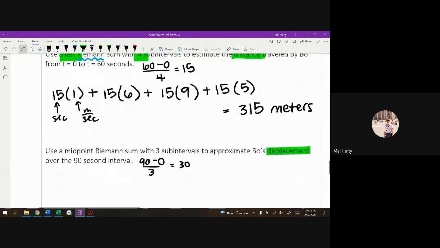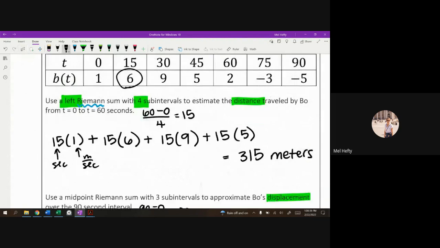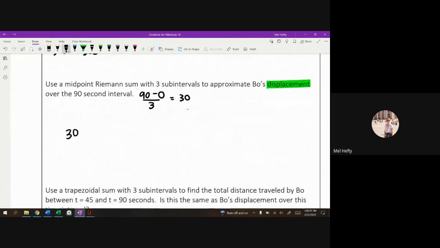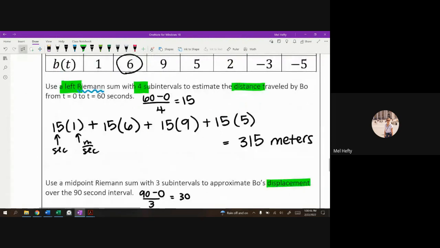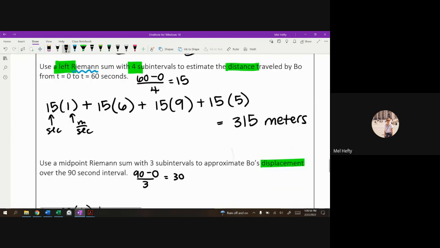All right, what's my first rectangle going to look like here? Good. 30 is my delta x. Now 6 is my middle value. All right, someone whose name is not Matt. What's the next one look like? Okay, 30 times. Good. So still 30, going from 30 to 60, middle value 5.